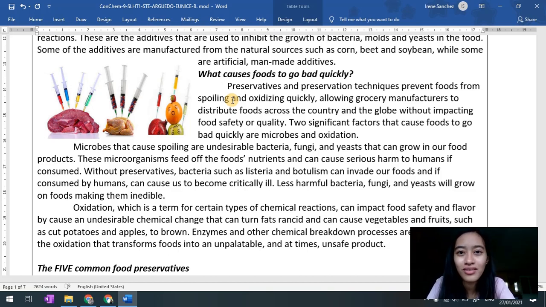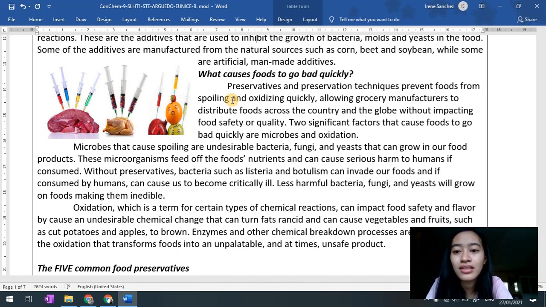If you have received a box from your relatives from another country, which is sealed, for example spam and foods such as those, definitely there's something added so that their shelf life can last through the process of being manufactured in the factory and then sent to the Philippines, because it would take a long time.